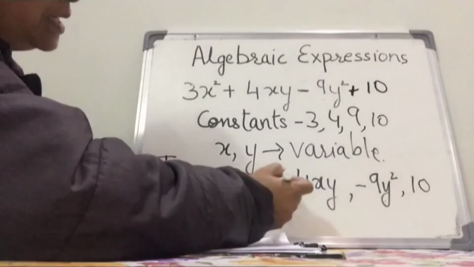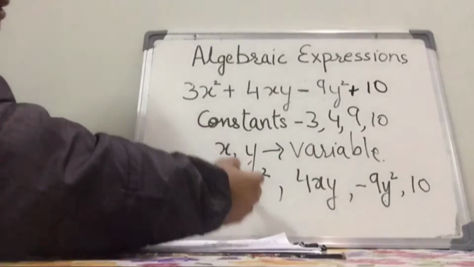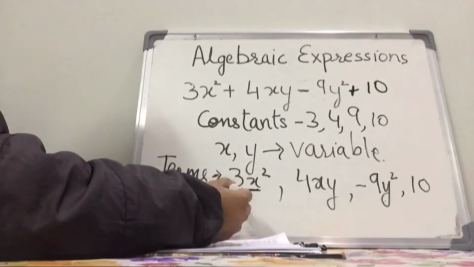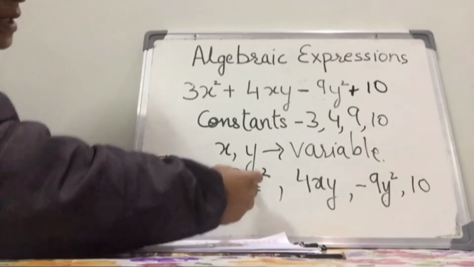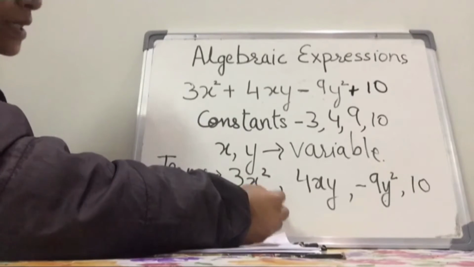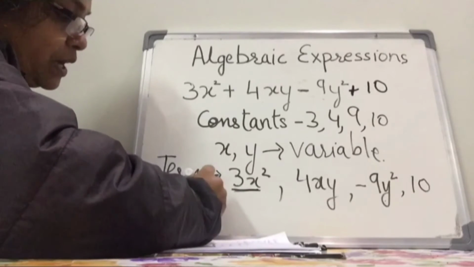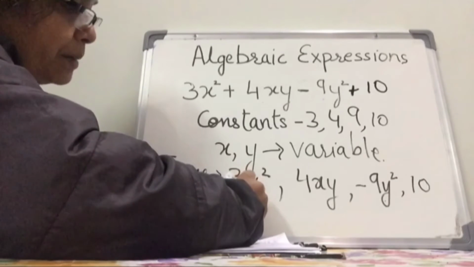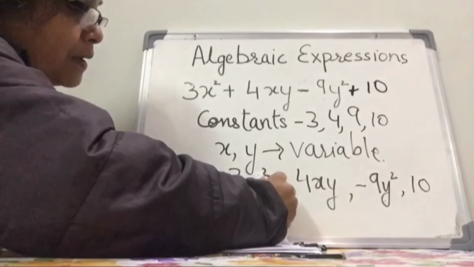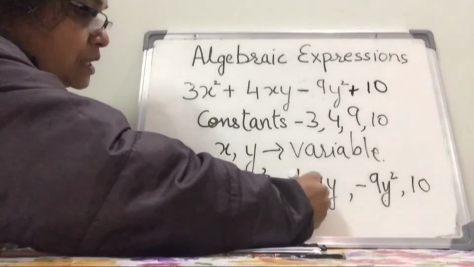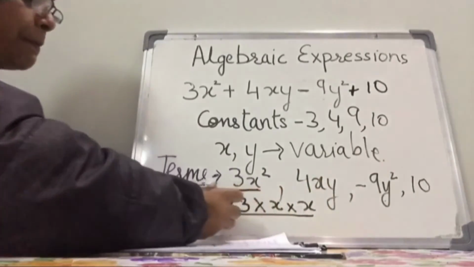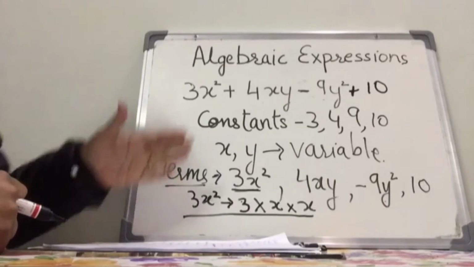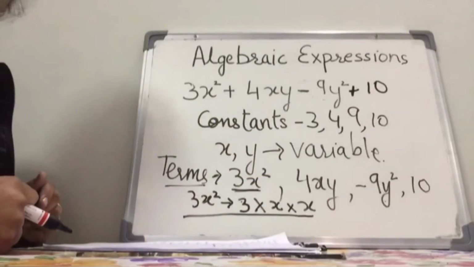Now you see these terms, for example 3x² is formed by multiplying these alphabets and numbers. These are called factors. So every term is formed by multiplying its factors.